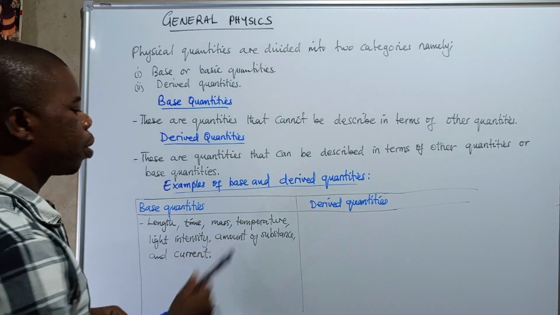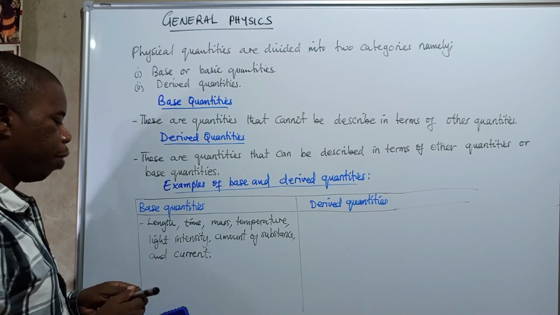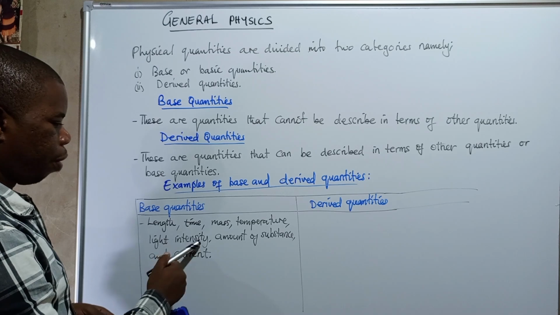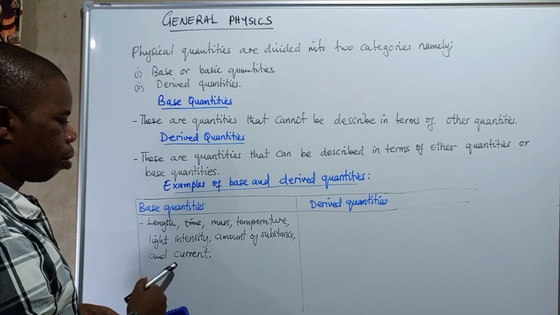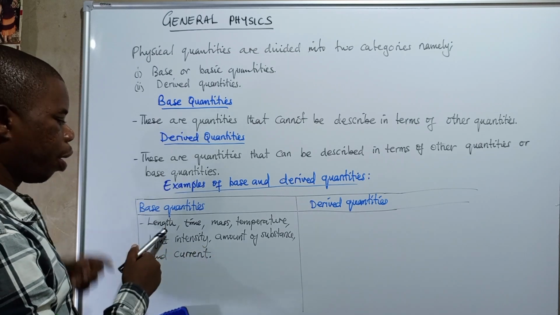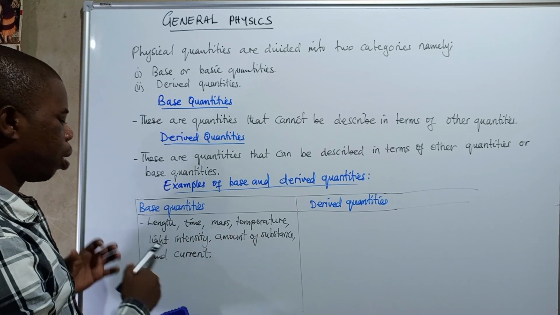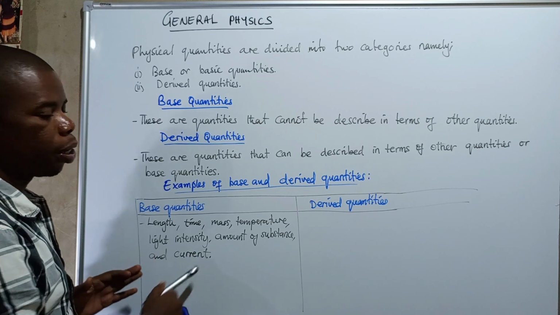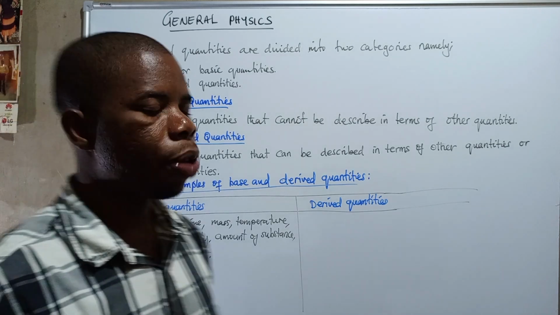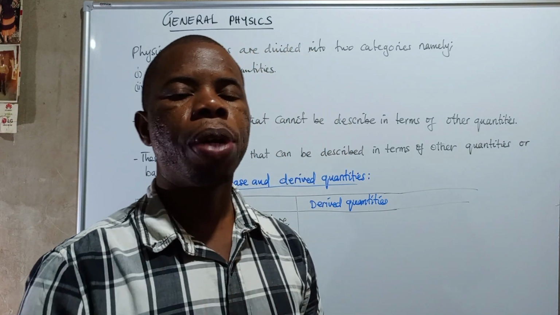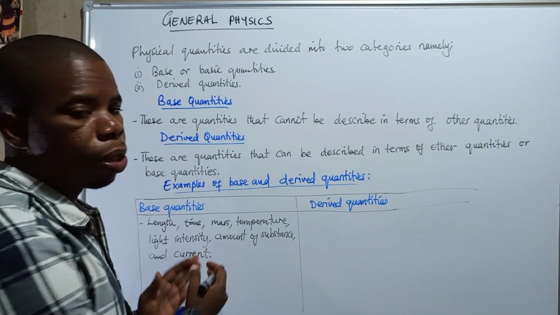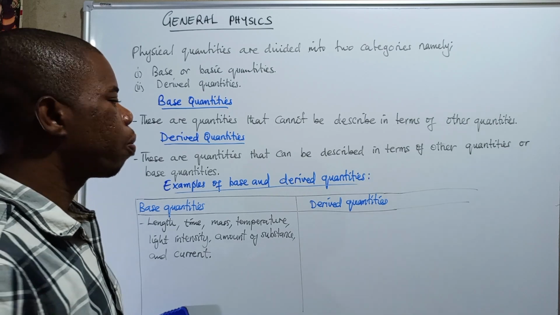So these are examples. They are supposed to be seven. Let me count: 1, 2, 3, 4, 5, 6, 7. So we have length, time, mass, temperature, light intensity, amount of substance, and then current. These are what we call the base quantities that we measure in physics. And these cannot be described in terms of other quantities.